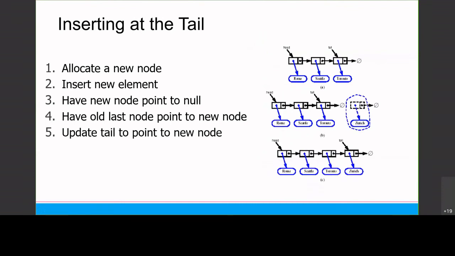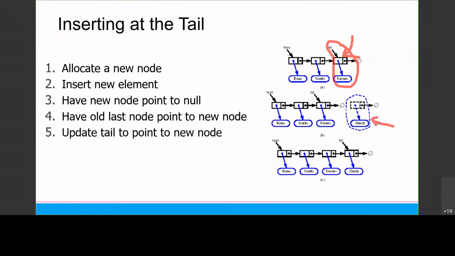And we have what we call the tail. Tail means we want to have the last element. If you can see the visualization, Toronto is the last element. Let's say I want to add one more element at the last.